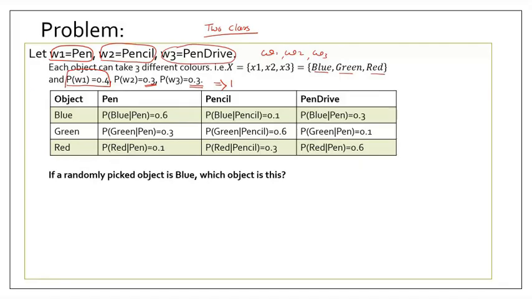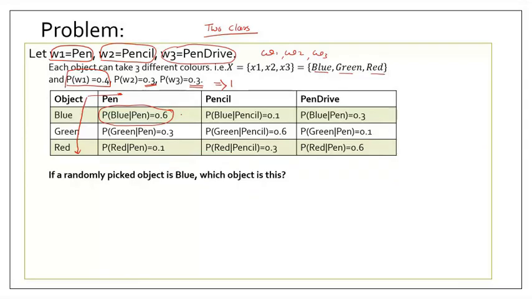Now you are provided a table where vertically you have different colors, that is blue, green, red, and horizontally you have different objects, say pen, pencil, and pen drive. This entry here is the probability that given a pen, its color is blue; the chances are 60%.